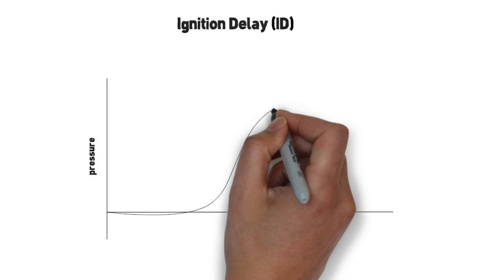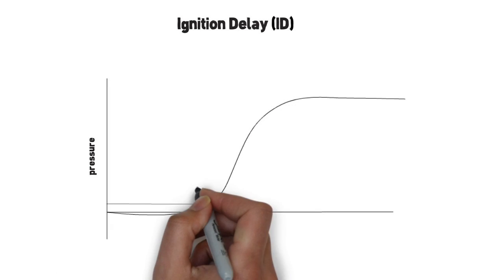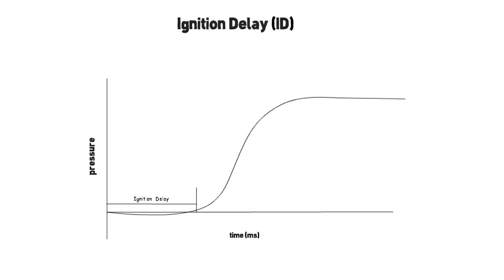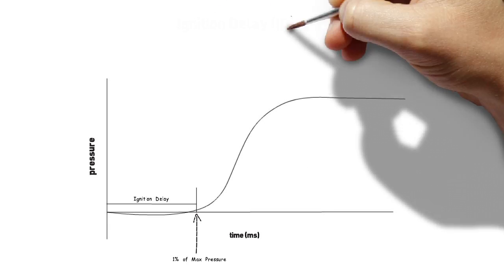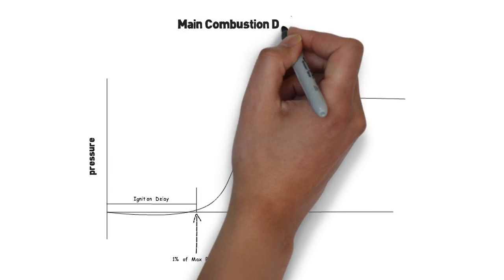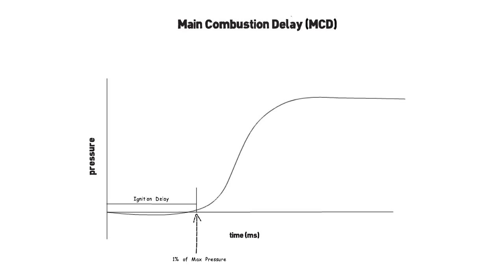In this graph, the y-axis represents pressure and the x-axis represents time in milliseconds. Measurement of the ignition delay is started when the pressure reaches 1% of the maximum pressure recorded at the end of the combustion period. The next measurement that is taken is the main combustion delay.